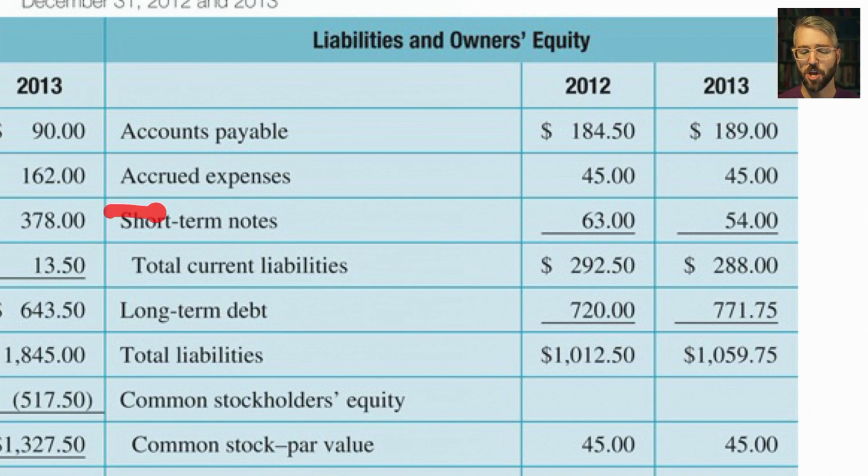Accrued expenses. So accrued expenses are a lot like accounts payable in the sense that they're operating debt, but they're not necessarily money that you owe in the direct course of having produced something that you're going to sell.